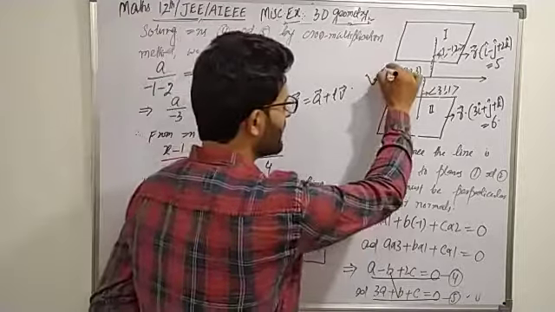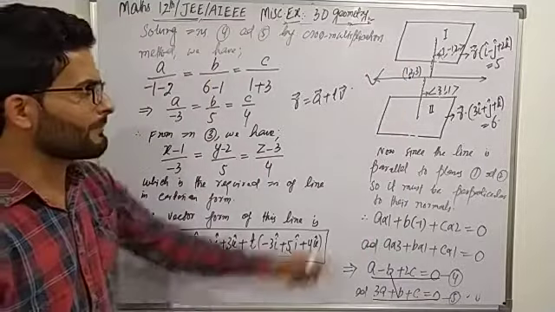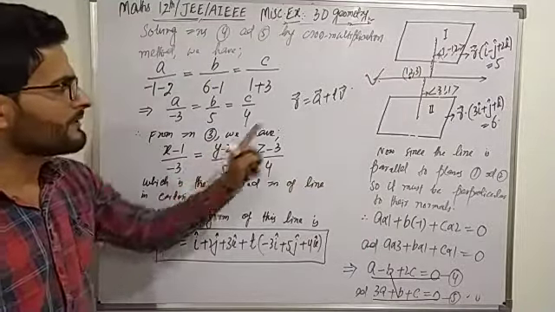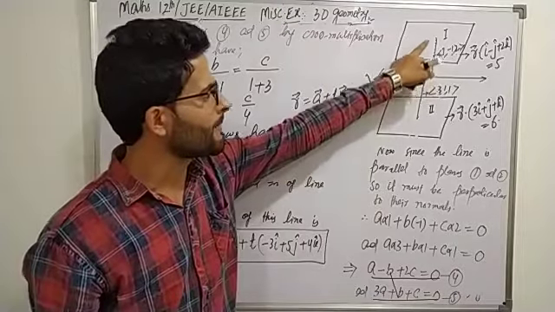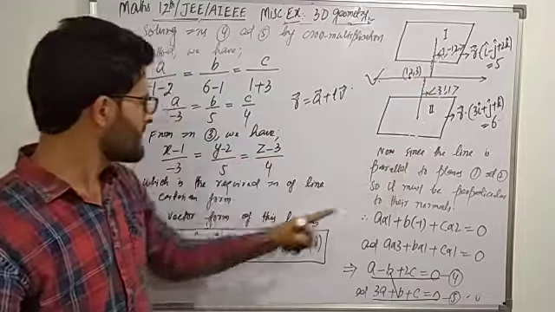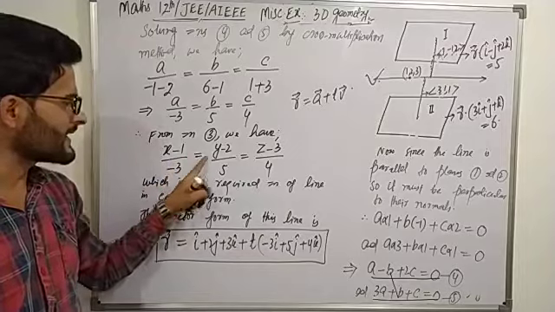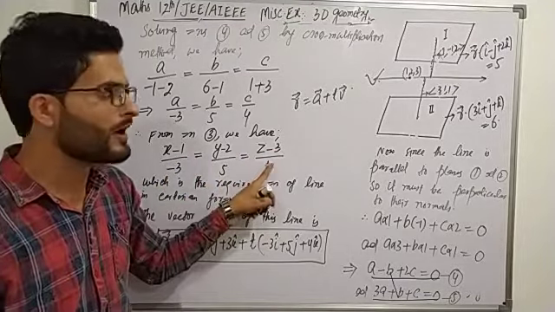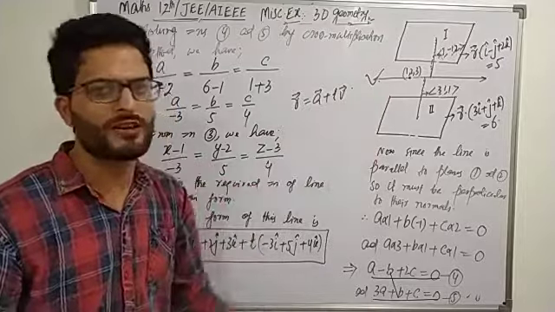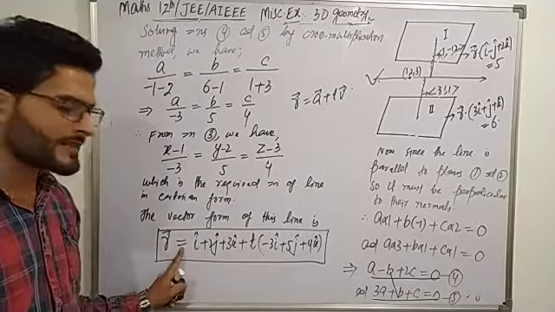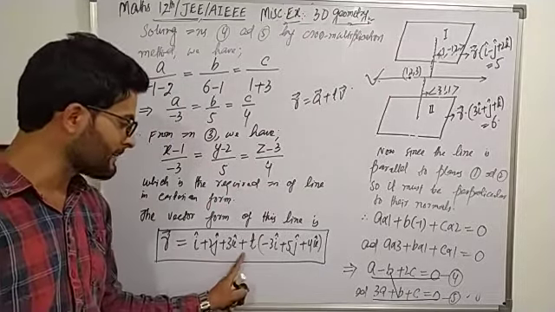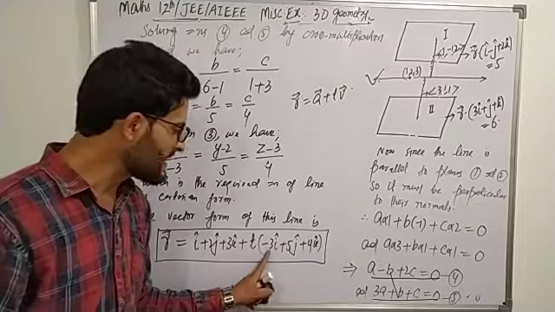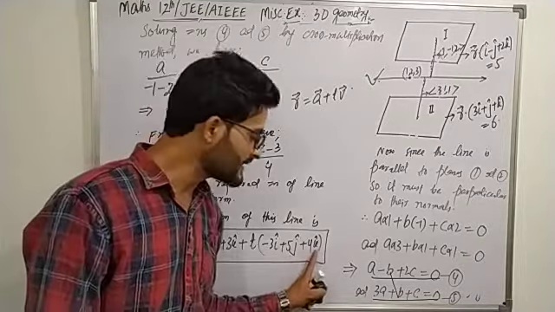The Cartesian equation of this line, which is passing through a point 1, 2, 3 and parallel to planes first and second, must be x minus 1 by -3, equal to y minus 2 by 5, equal to z minus 3 divided by 4. Now the vector equation of this same line will be r vector is equal to i plus 2j plus 3k plus t times or lambda times -3i plus 5j plus 4k.